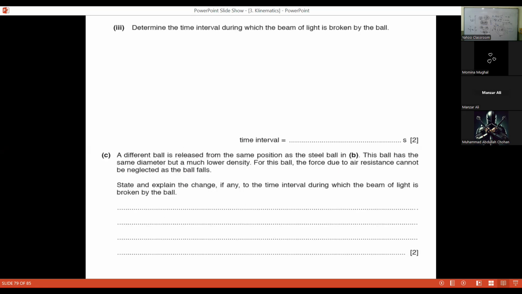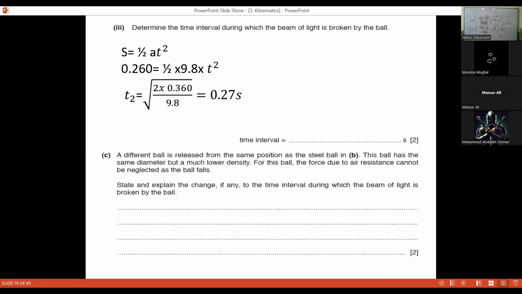That means 0.28 plus the extra distance it travels, S हम निकालेंगे by finding the 2 times, and from there the time difference will give you the value of a time interval.